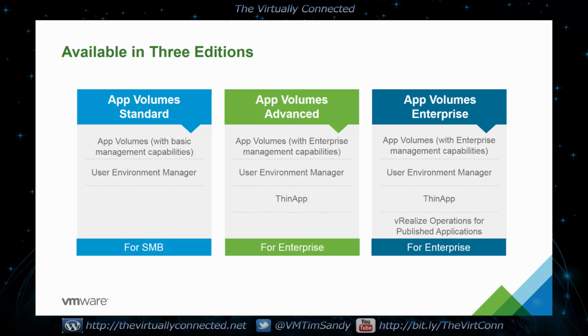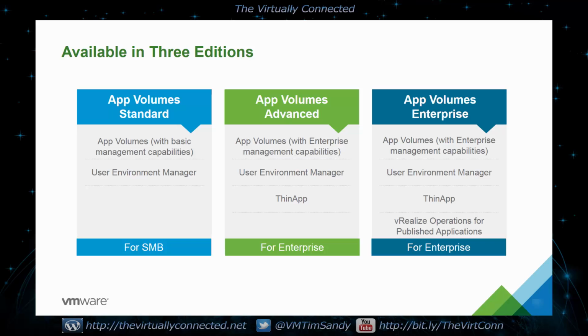Again, App Volumes Standard is designed for SMB customers that don't require enterprise management capabilities such as replication of app stacks. This version contains integrated user environment manager to help with user profile and policy management. App Volumes Advanced is built for enterprise customers with enterprise management capabilities, and contains integrated user environment manager as well as ThinApp for application isolation.